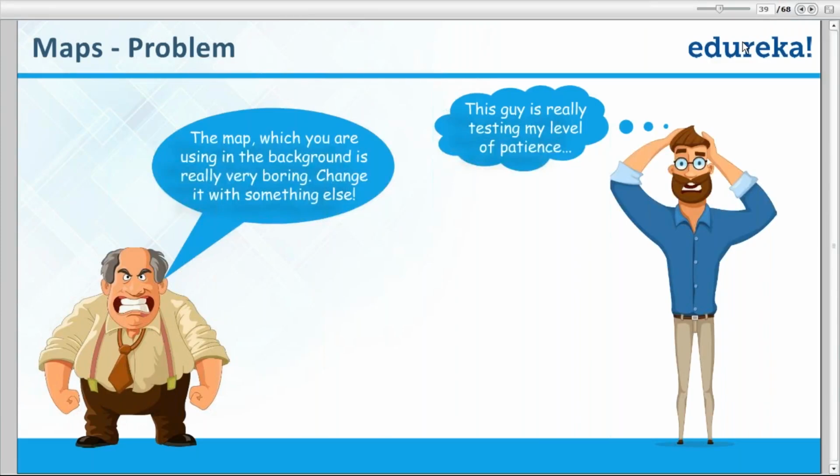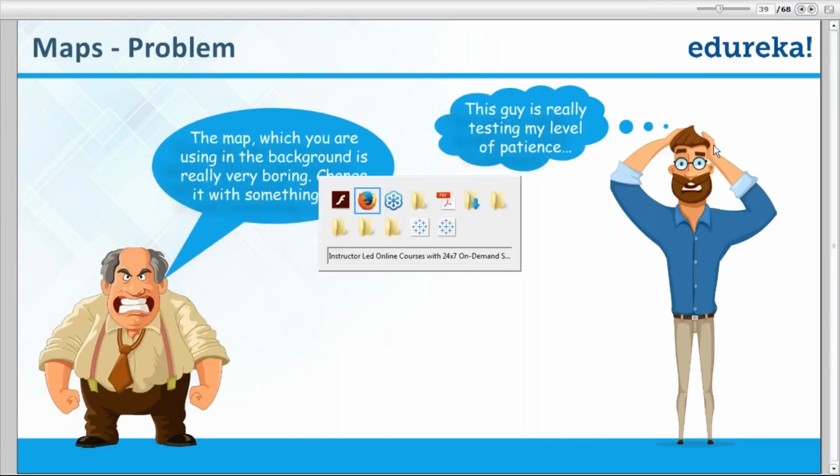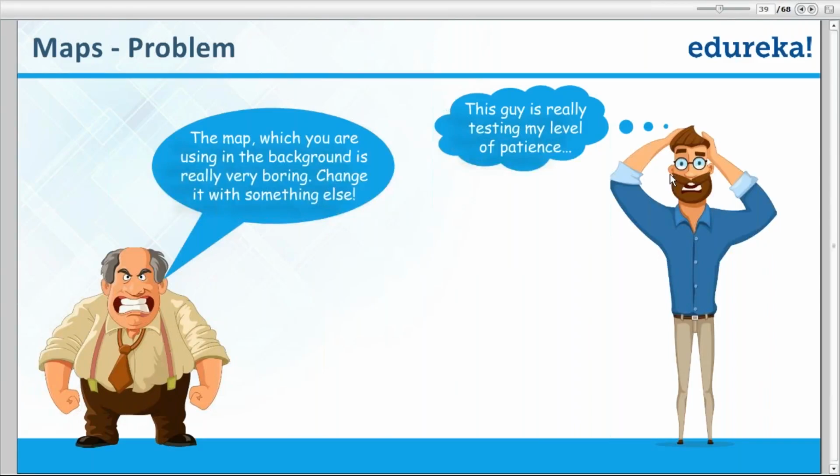He wishes to have a different map other than the normal ones provided by Tableau. How do you think we can build this, friends?